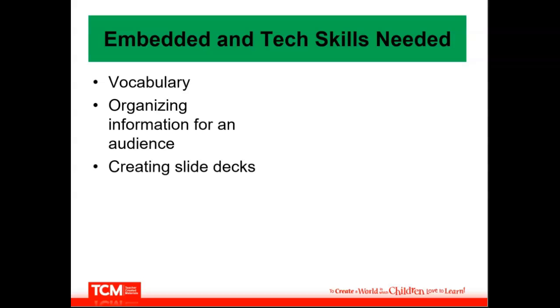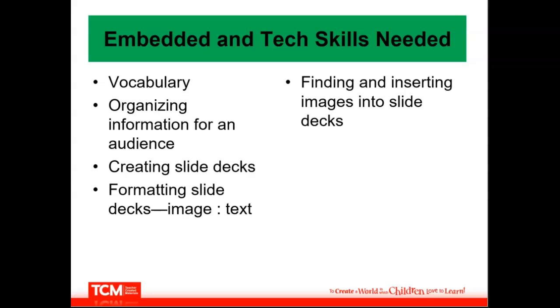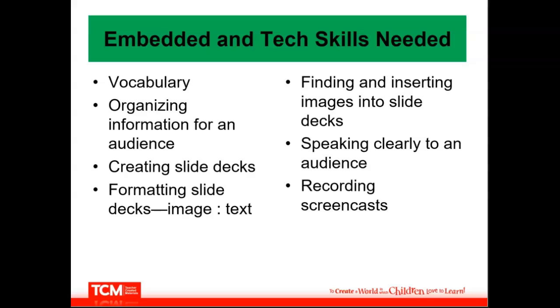How to create a slide deck, including how to format slides by looking at the image to text ratio, and also how to insert images into that slide deck. They're also going to need to practice speaking clearly to an audience, and possibly how to record screencasts.